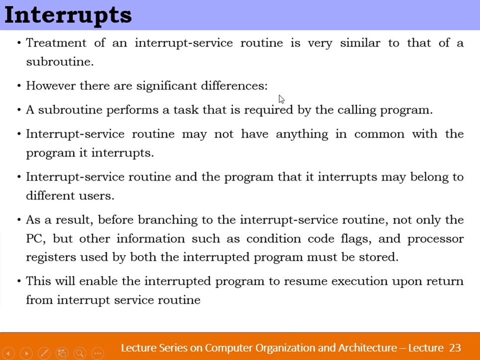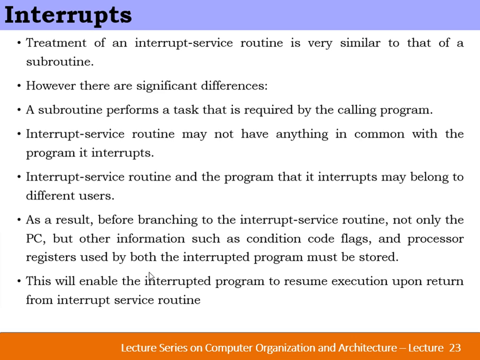The interrupt service routine and the program that it interrupts may belong to different users. They are completely independent, they may be completely different. As a result, before branching to the ISR, not only the program counter but other information also needs to be saved.